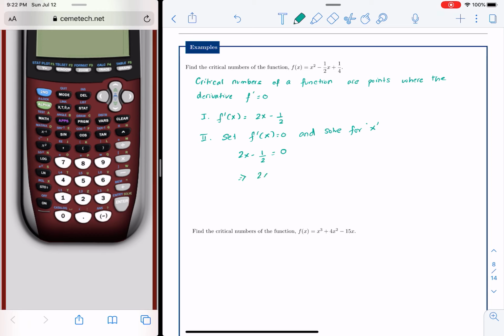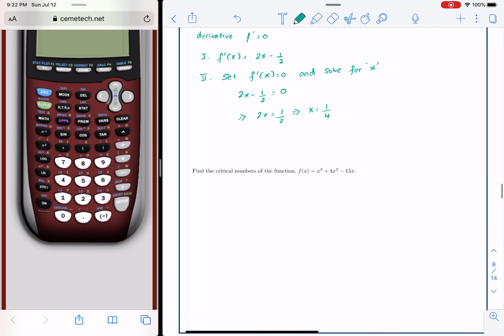This would imply 2x is equal to 1 over 2. So x would equal 1 over 4. So the critical number, or value, is x is equal to 1 over 4.